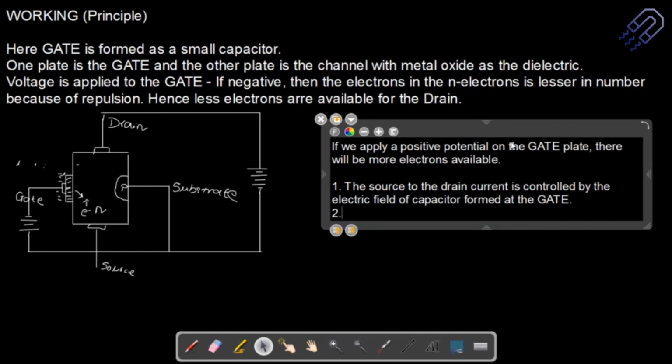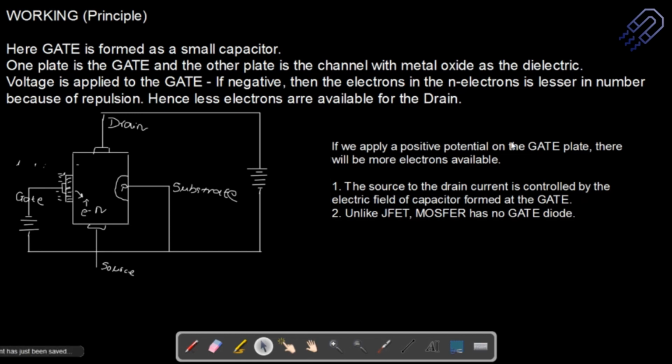One more point: unlike a JFET, the MOSFET has no gate diode, so it does not have that property. In a JFET the input or gate terminal should always be in reverse bias, but in the working of a MOSFET we really don't need a reverse bias at the input terminal. It depends on what we need.